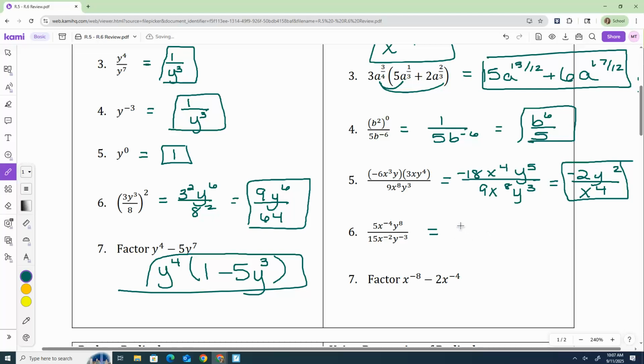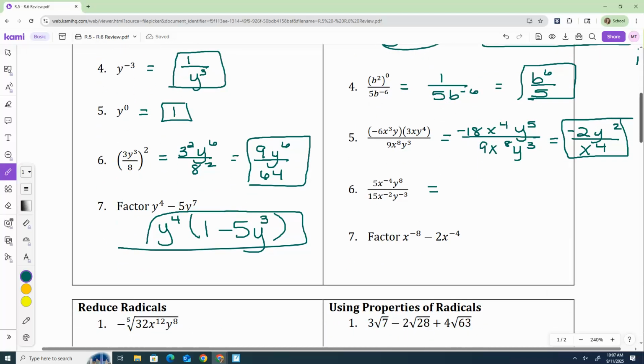Number 6. Do you guys want to flip first, or do you just want to deal with the negatives and simplify? Flip? Okay. So you don't have to start here, but you can. Anything with a positive exponent stays, anything with a negative moves. So the 5 and the 15 are good, but my x's have to flip. The x to the 4th comes down, the x squared goes up. My y to the 8th is good, but my y cubed comes up.